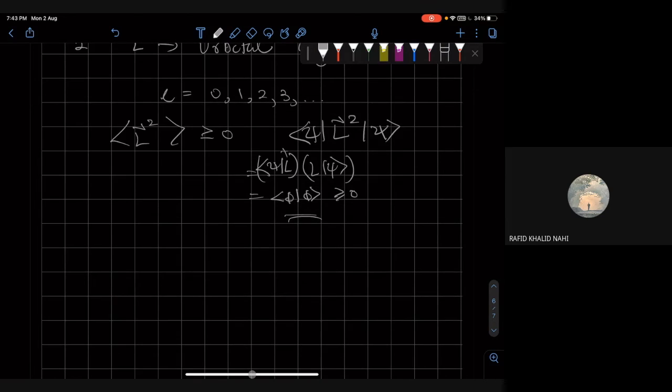Okay. So we will solve this problem without solving it. Because L squared Y_LM(theta, phi) equals L(L plus 1) h bar squared Y_LM(theta, phi), what kind of differential equation is this? If I write it as a differential equation, is it first order or second order?